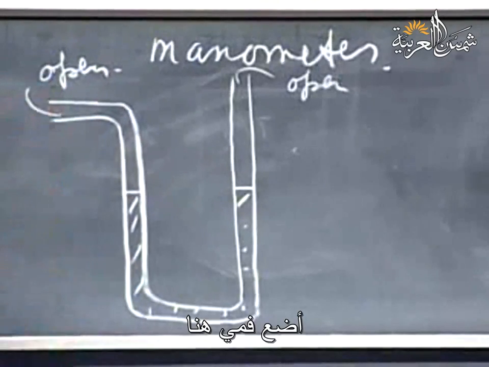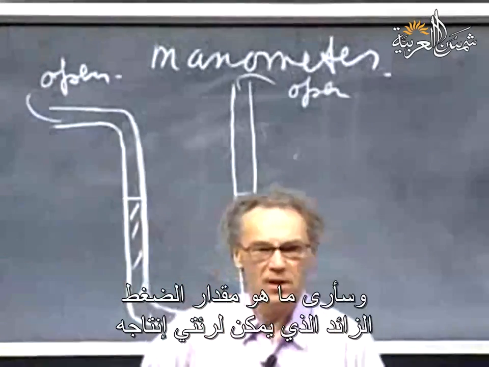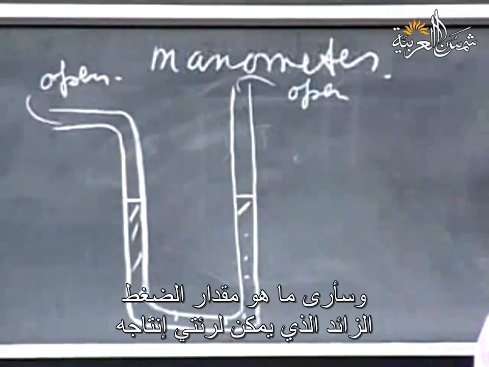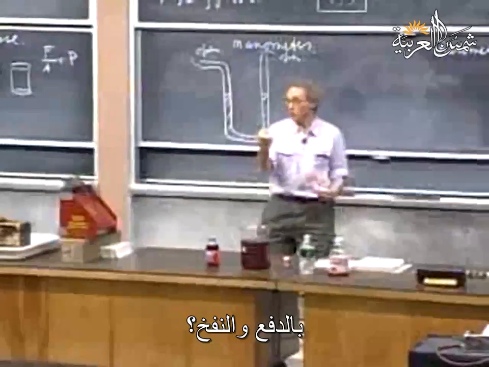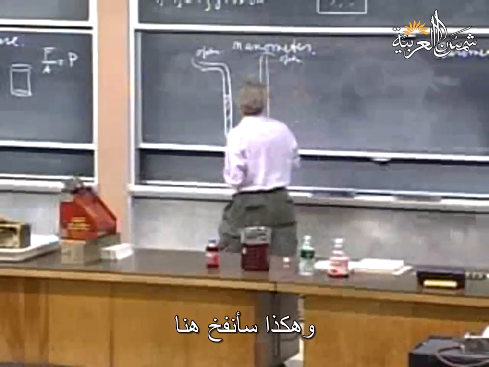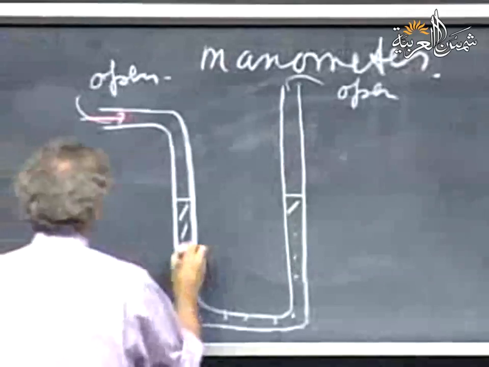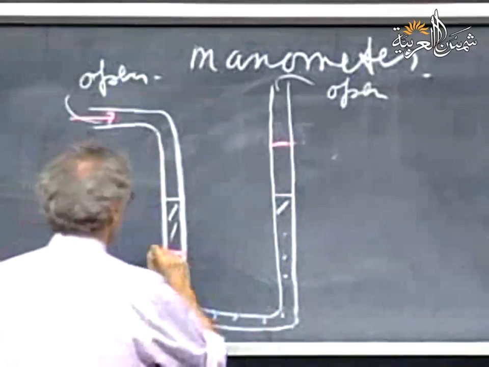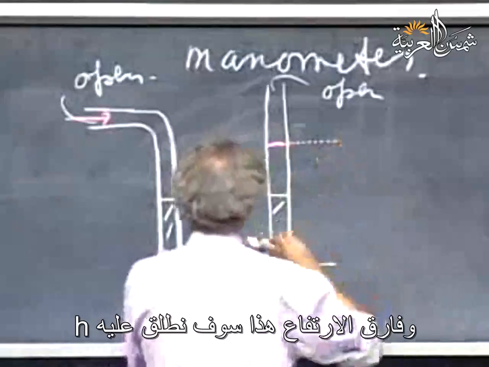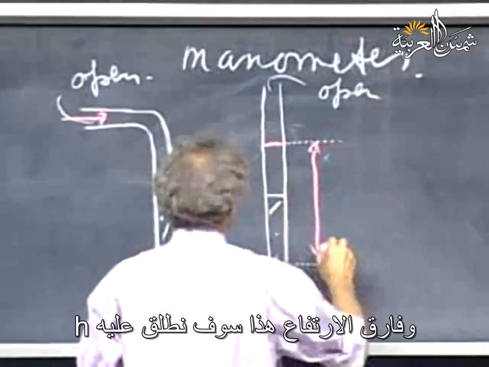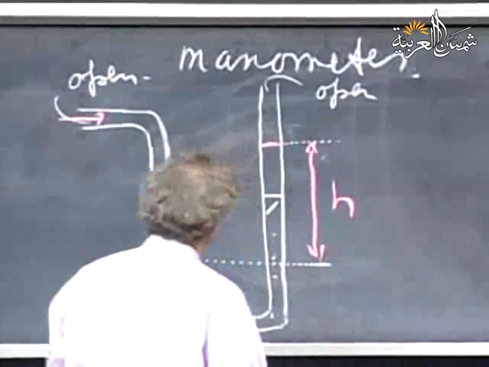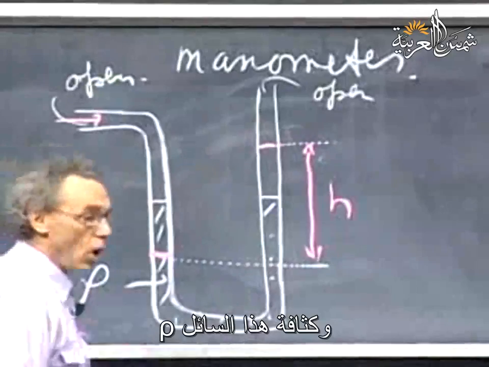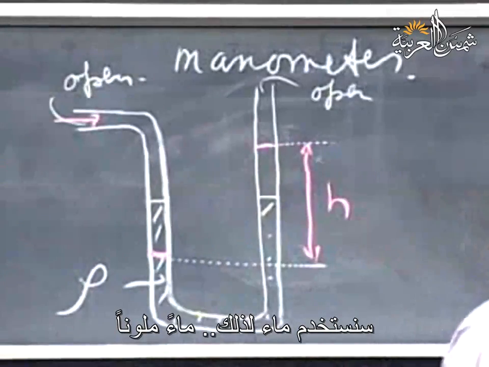I put my mouth here, and I'm going to see how much overpressure I can produce in my lungs by blowing. I'm going to blow in here, and then this level will go down, and this level will go up. And this height difference, let's call that H. And the density of this fluid is rho. We will use water for that.